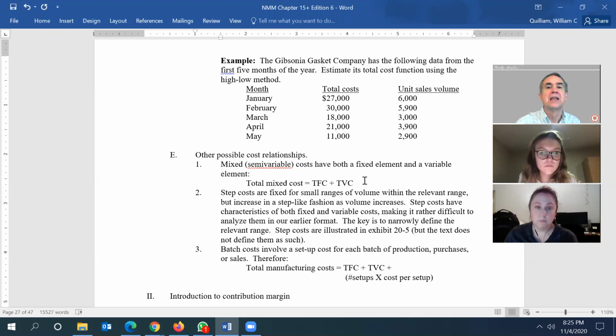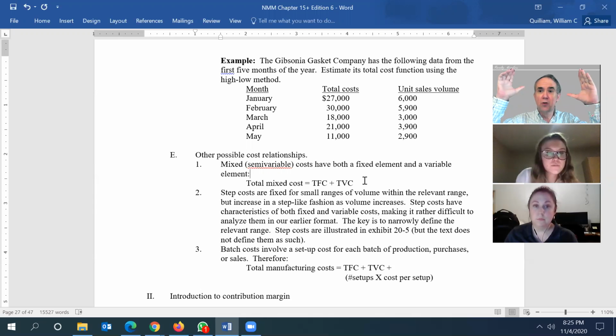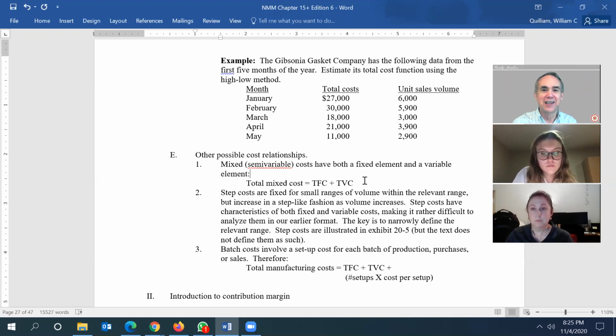The difference from a company's total cost is that a total mixed cost is a little component of total cost, just a little one. Let me show you an example here in the book.